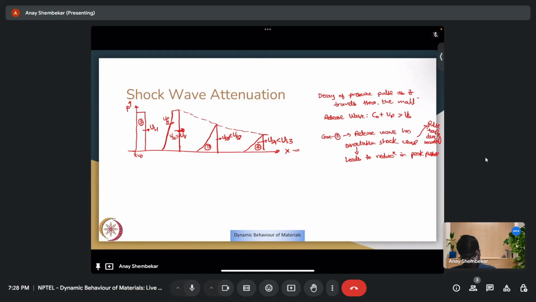After the pulse duration Tp goes to zero, your peak pressure continuously keeps on reducing, which means that your shock wave velocity, Us, also keeps on decreasing.